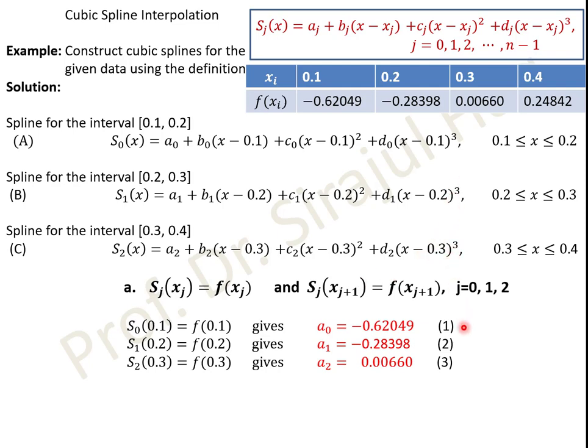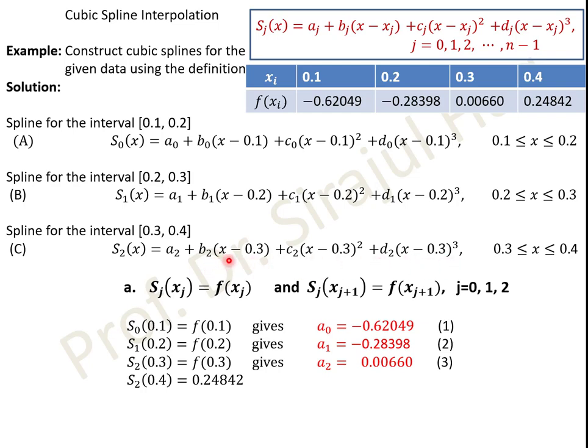And for that reason, we need 9 more equations. So let us use the endpoint, and S2 because S2 passes through these 2 points. So when I replace x by 0.4, I should get f of 0.4. Replace x by 0.4 over here.